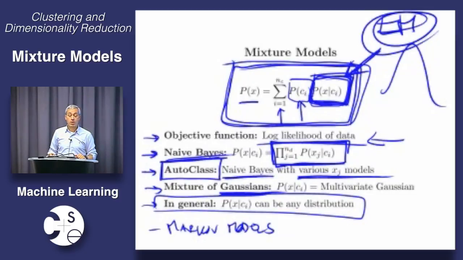Parameters to the distribution. No. My parameters are not the missing data. Remember, if I had the missing data, I can infer the parameters and vice versa. But the missing data is something that's missing in my data set. The clusters. The clusters, exactly. I don't know which cluster each example belongs to. That's my missing data. And now, bingo, we can just apply EM.